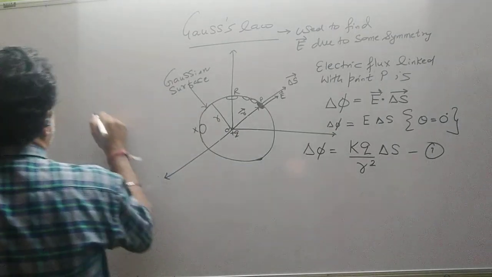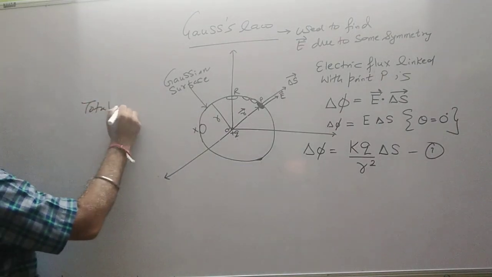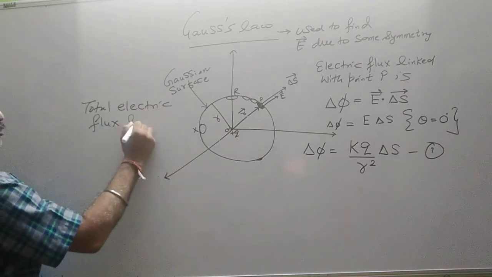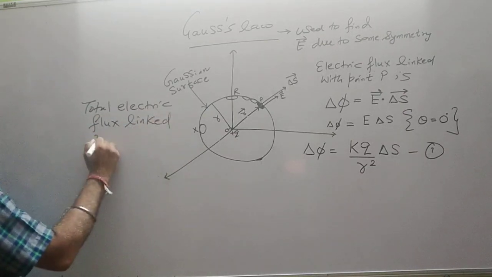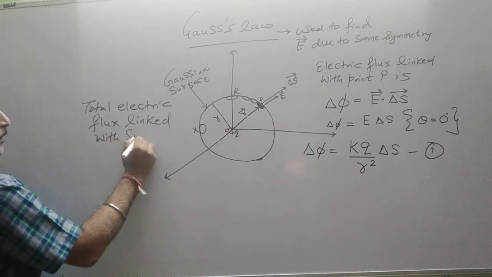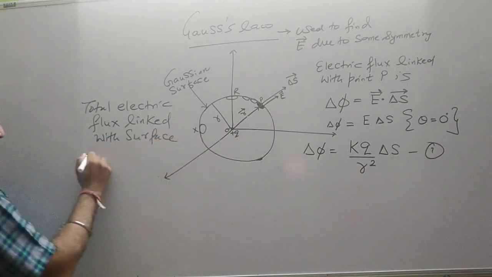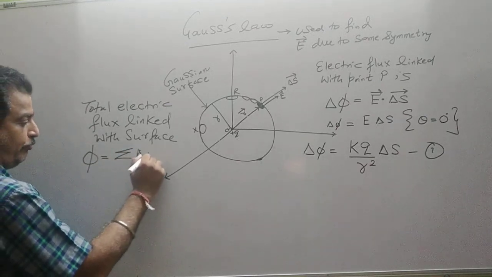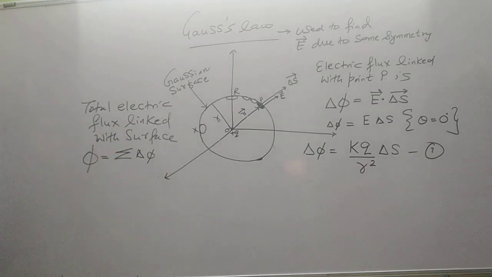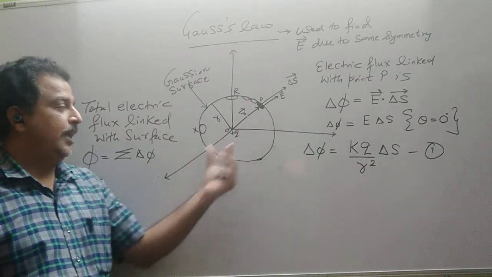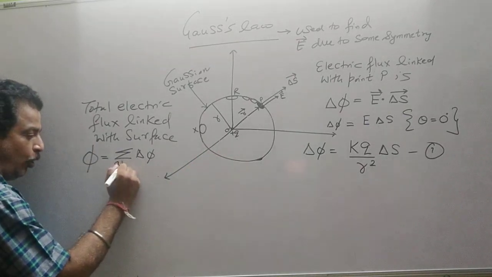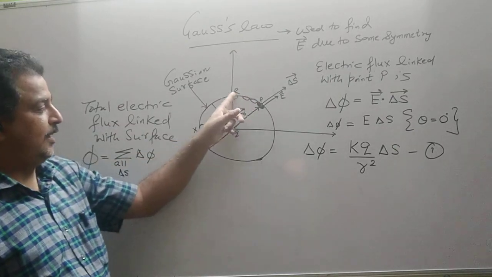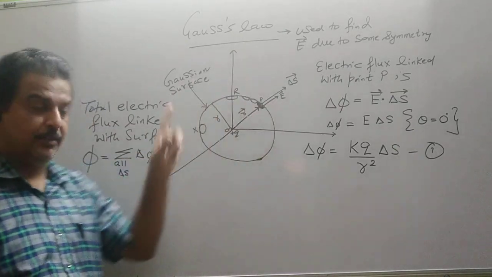So total electric flux linked with the surface is, say, phi. That should be equal to the summation of delta phi, or the summation over all delta S. So this is delta S, delta S, delta S, delta S, over the entire surface.